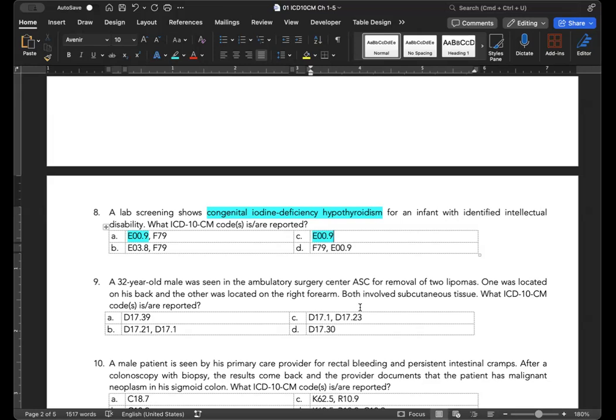Do we feel like an intellectual disability is something that's going to resolve? No. Right. So if they have an intellectual disability that is diagnosed, basically that diagnosis is going to stick with them for life.